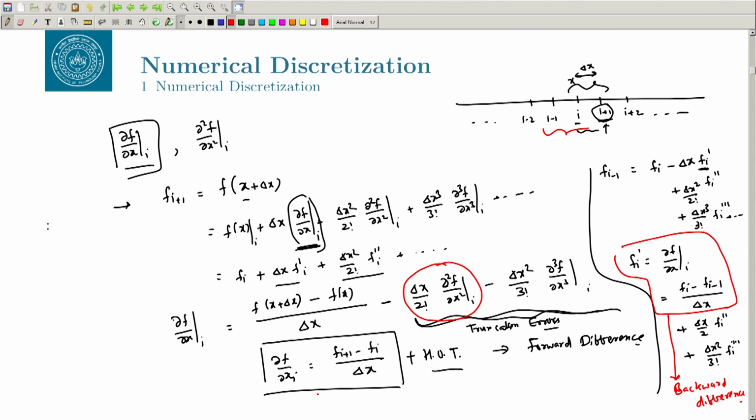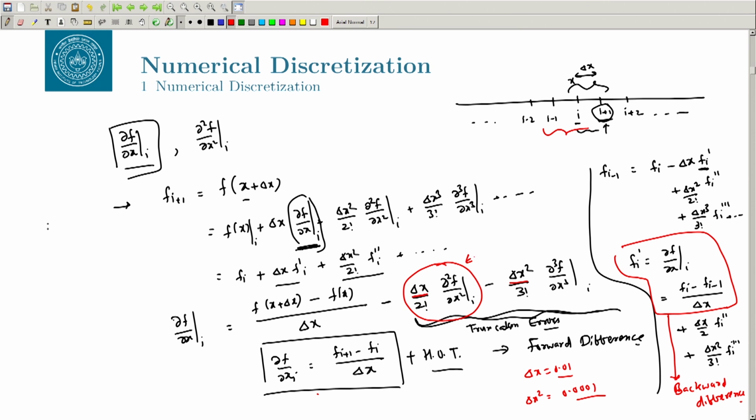For example, this is your delta x, and delta x is a very small quantity. The second term is delta x square. If we had delta x equal to 0.01, then delta x square will be 0.0001, 10 power minus 4. So if delta x itself is small, the other terms will be very small. What matters most is the leading truncation error.